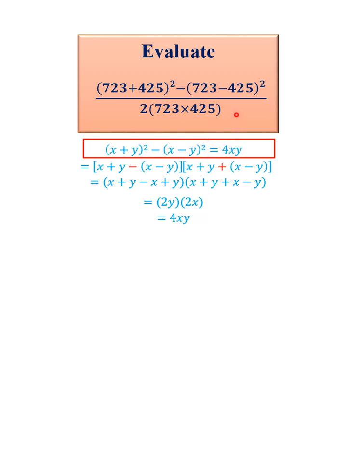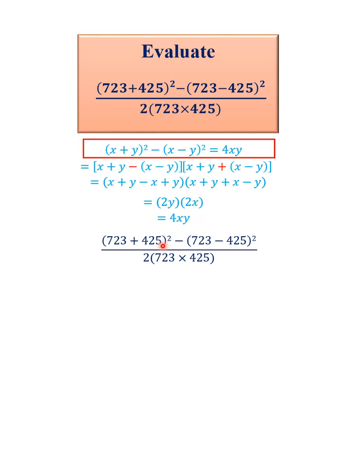So we are just going to use this to solve the numerator. We are going to compare this with the numerator and solve it. So the question is giving us this. I just rewrote the question here. Looking at the numerator, our x becomes 723 and our y becomes 425.